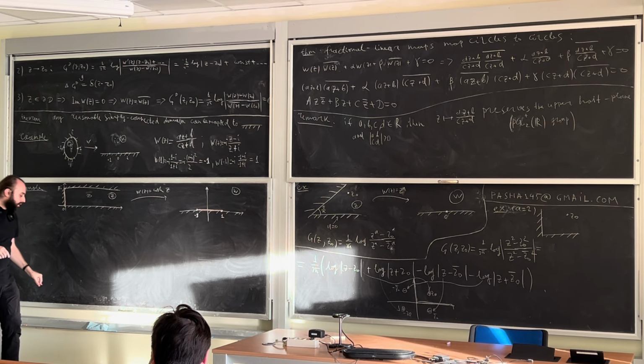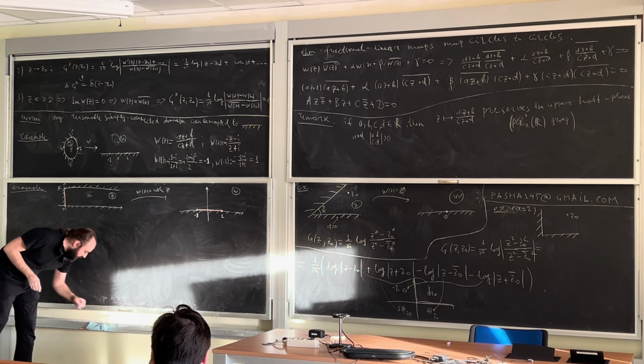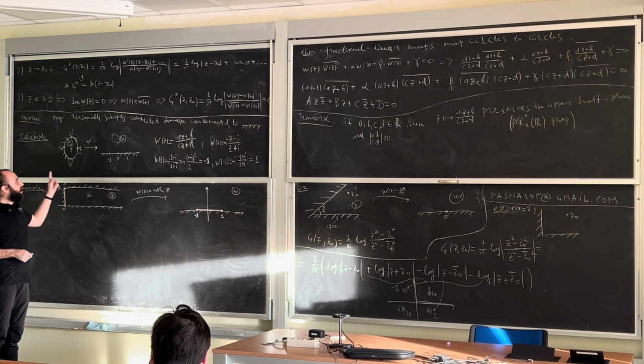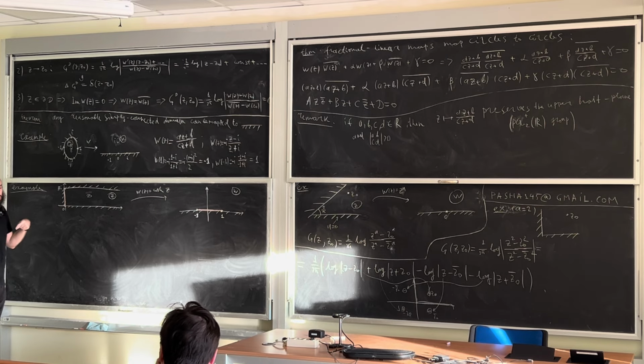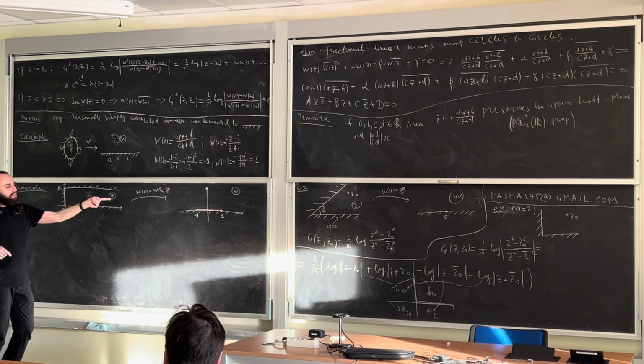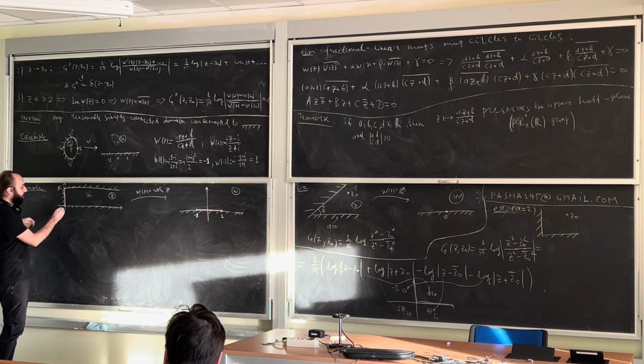And then let's think about this boundary. So it goes from 0 to infinity. Hyperbolic cosine goes upwards, and it goes to infinity exponentially. So this line maps to this ray from 1 to infinity.